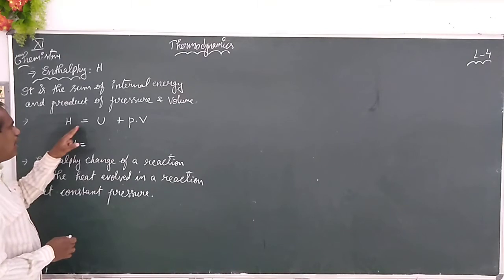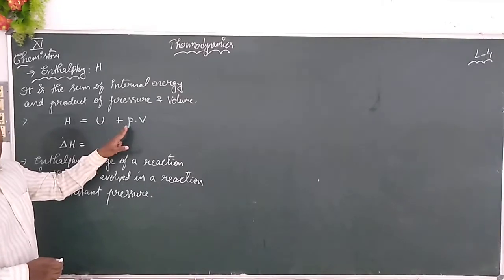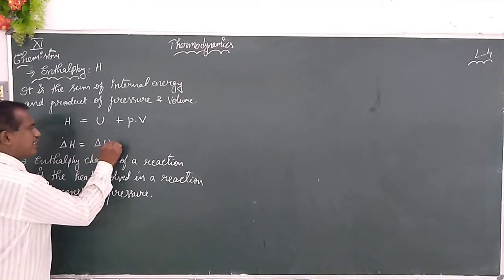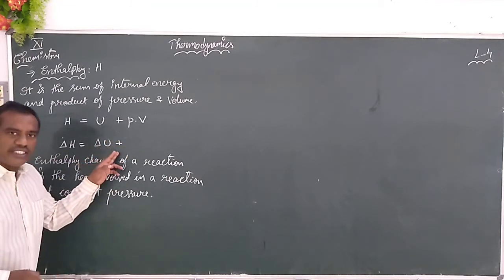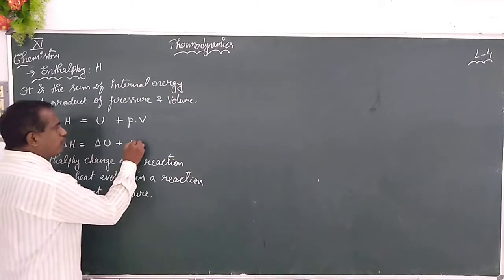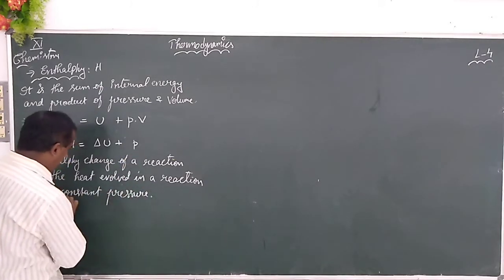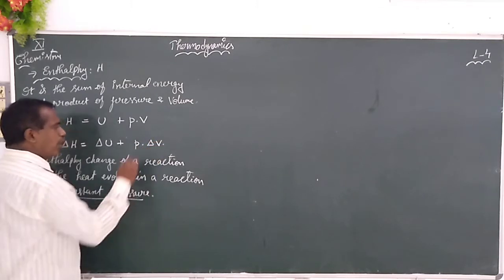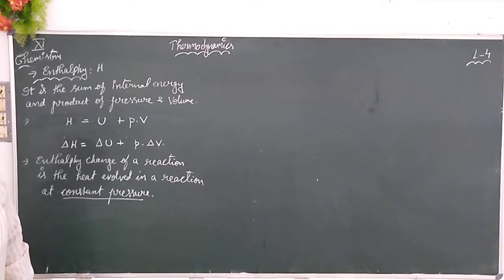Previously we saw that enthalpy is equal to internal energy plus the product of pressure and volume. So whenever there is a change in enthalpy, there will be a change in the internal energy. But at constant pressure, there will be a change in volume also.